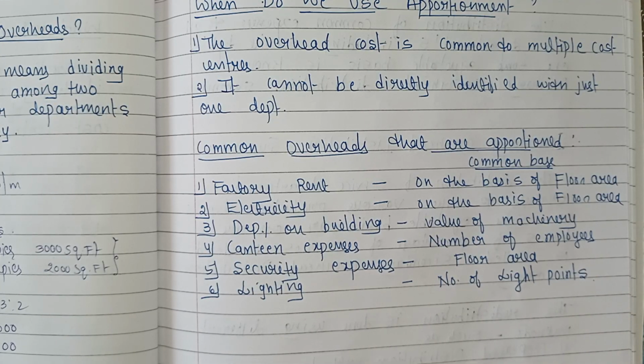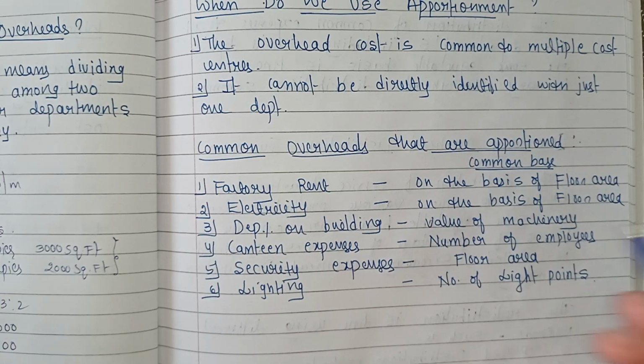If there are two or four departments, we need many more light points, right? So the suitable basis for lighting is number of light points. In the question they will mention it, but we need to select the base very carefully. Depending on the expenses, we need to select the common base.